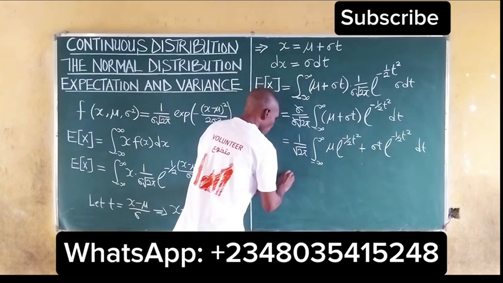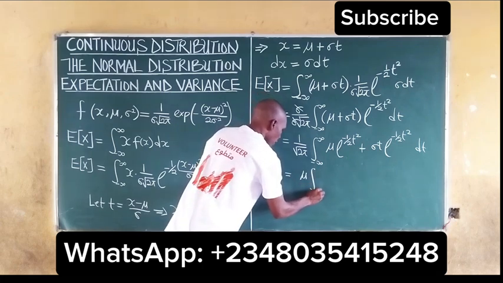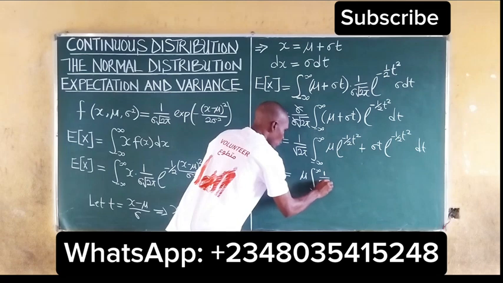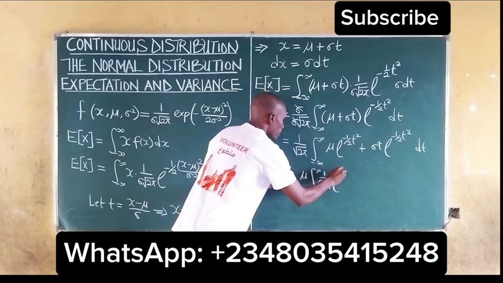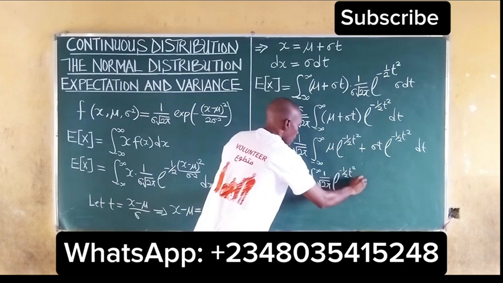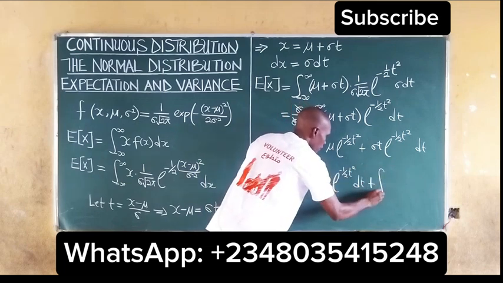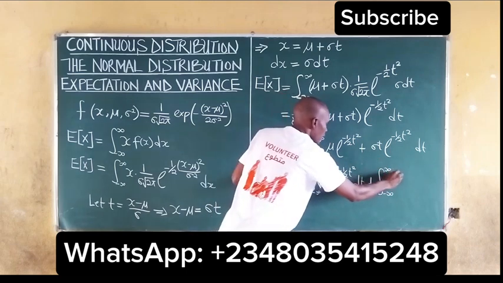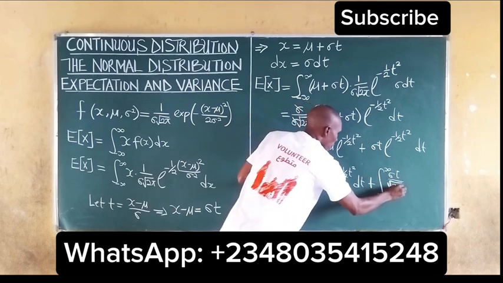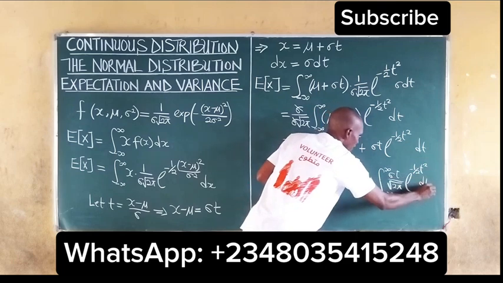So we can separate this to give us mu into the integral from negative infinity to infinity of 1 all over square root of 2 pi, exponential minus 1 all over 2 t squared dt, plus the integral from negative infinity to infinity of sigma t all over square root of 2 pi, exponential negative 1 all over 2 t squared dt.